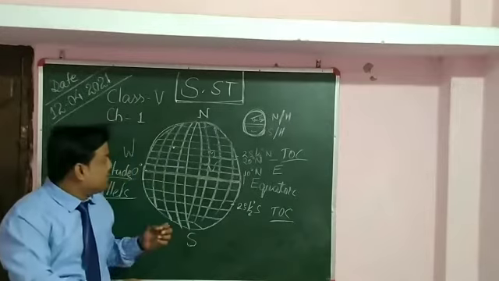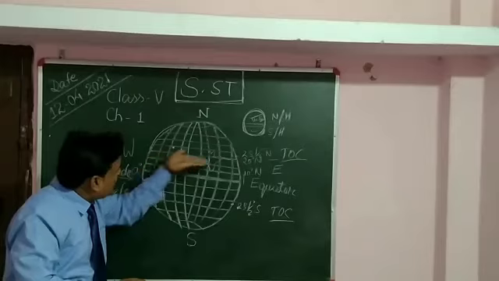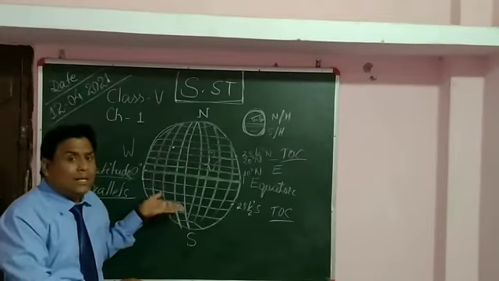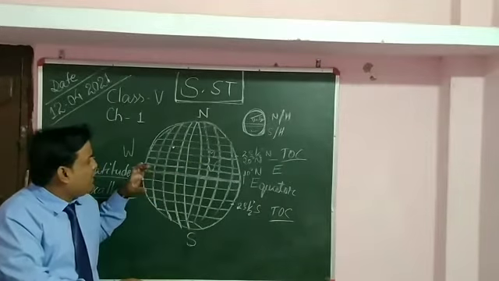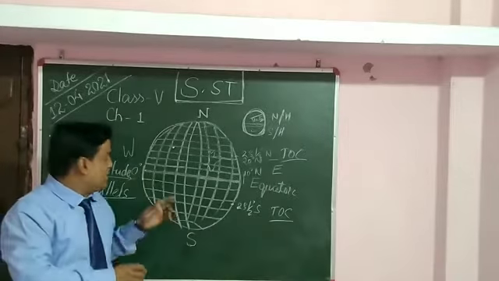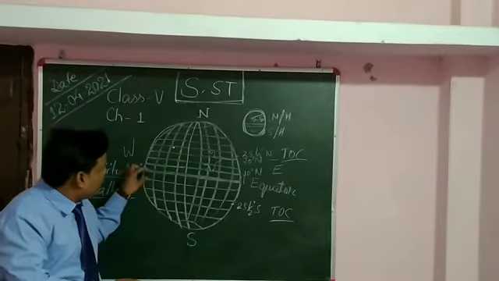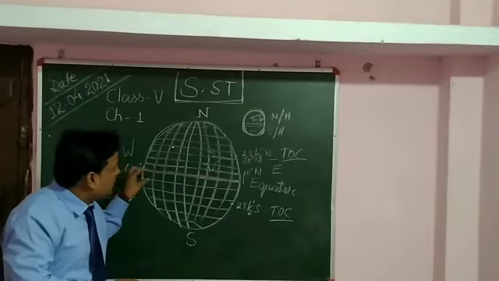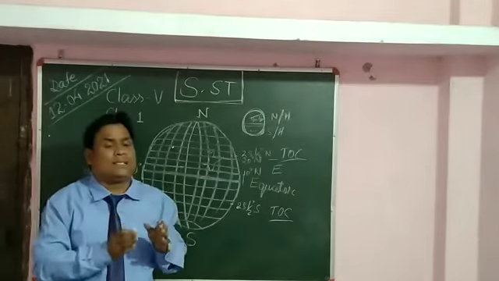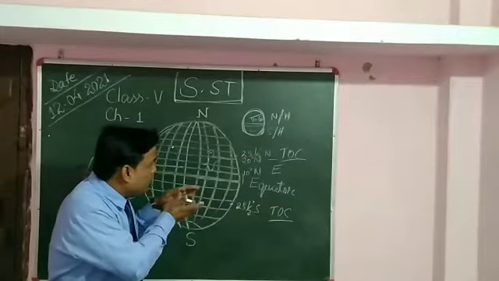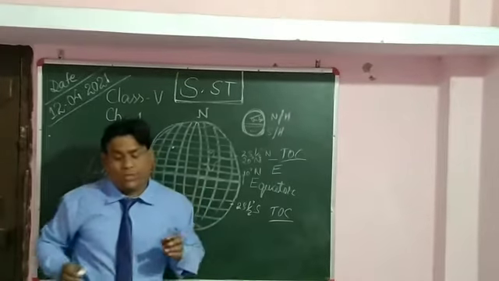You can see these lines going parallel. Parallel means those lines are at an equal distance. Suppose this line is here and another line starts from here; they will go parallel to each other. It means they have a similar distance between them throughout.